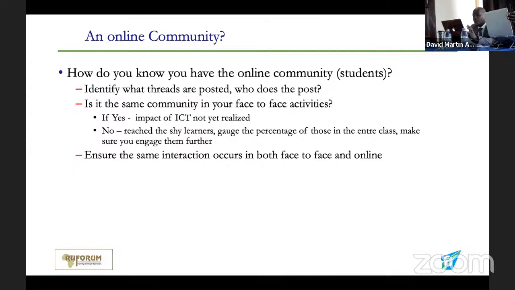Just make sure the same interaction occurs both in your physical and your virtual class. If it's not happening, get to the bottom and find out what the problem is. If it has reduced in the virtual class, then probably the students are finding challenges with the technologies, and therefore you need to come in and support them. So don't simply assume, go out there and support them during the learning process.